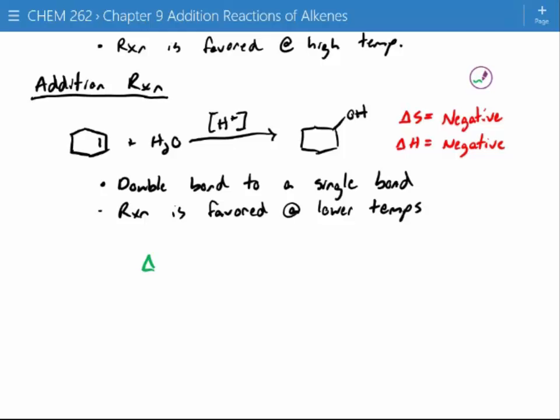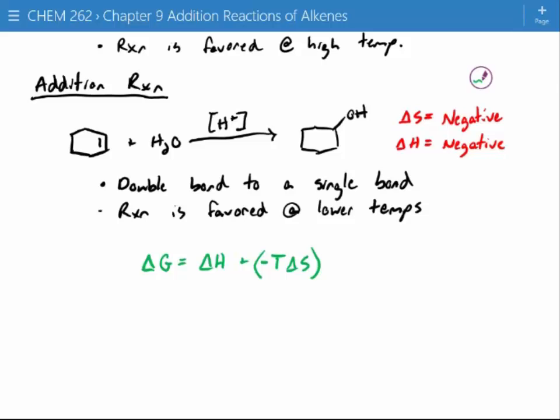We said that delta G, that Gibbs free energy, is equal to delta H plus negative T delta S. You guys remember that? So Gibbs free energy is the term we use to predict whether or not a reaction will occur.